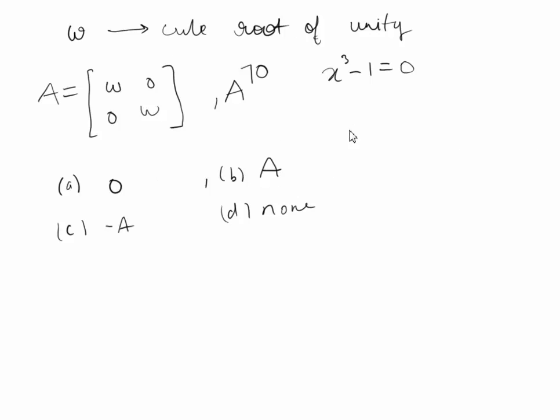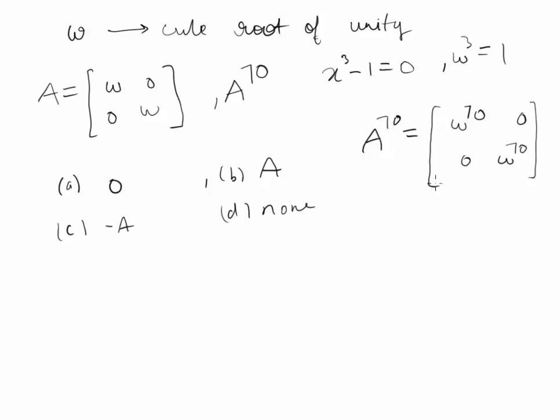So A raised to the power 70 is going to be equal to that same matrix, except we are raising all the elements in the principal diagonal to that exact same power, which is 70. So we get this, and now we know that omega cube is equal to 1, because it satisfies this condition, and you can input omega here and you will get this.